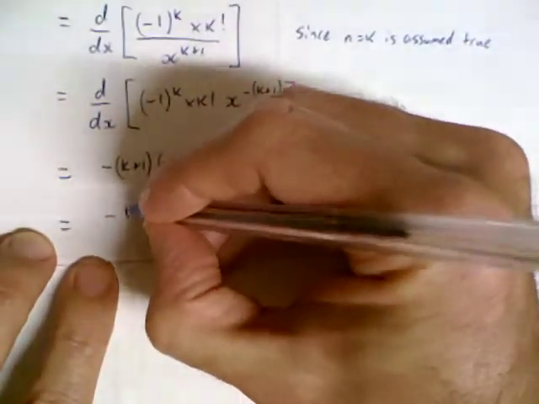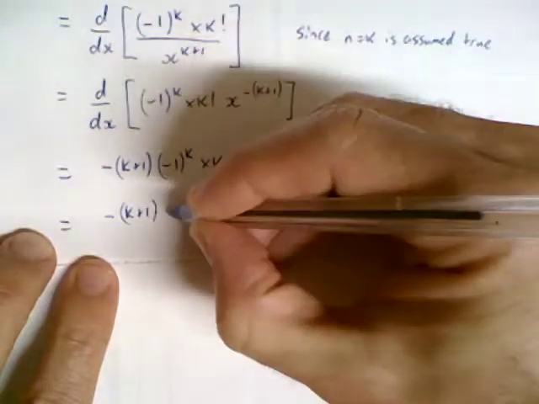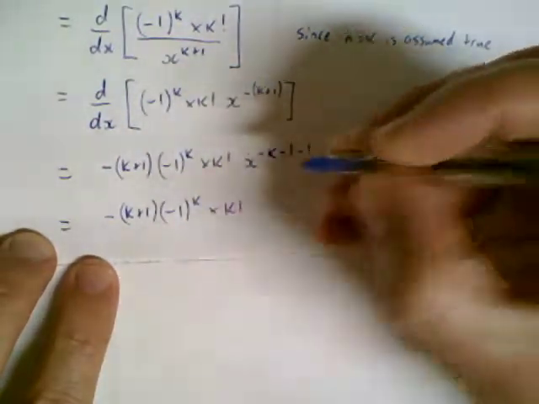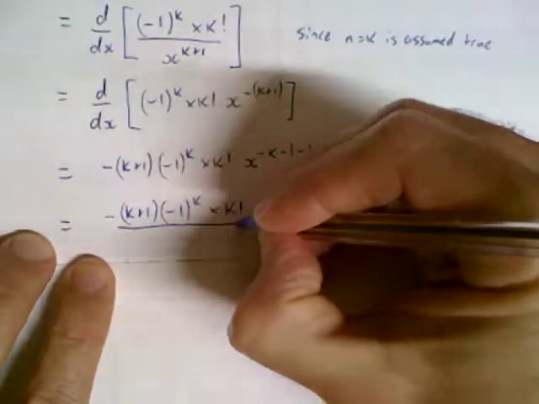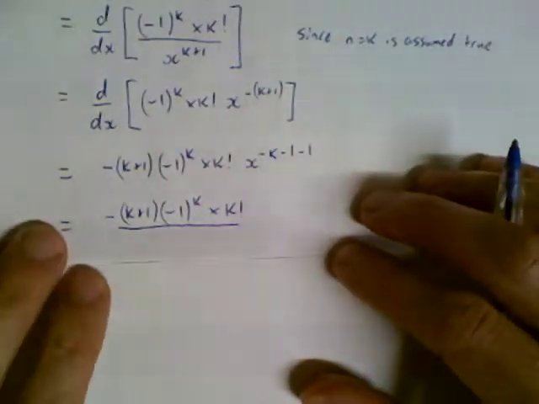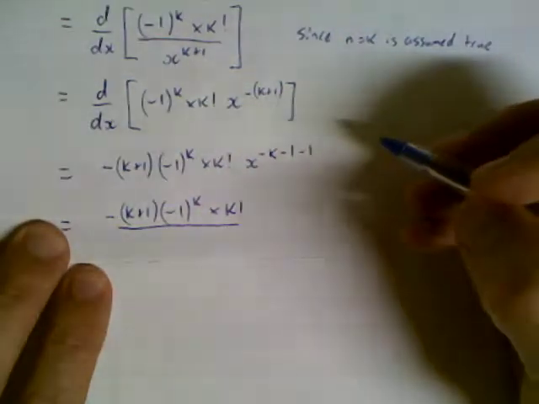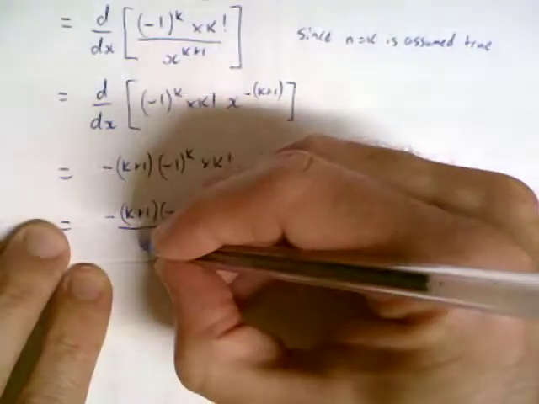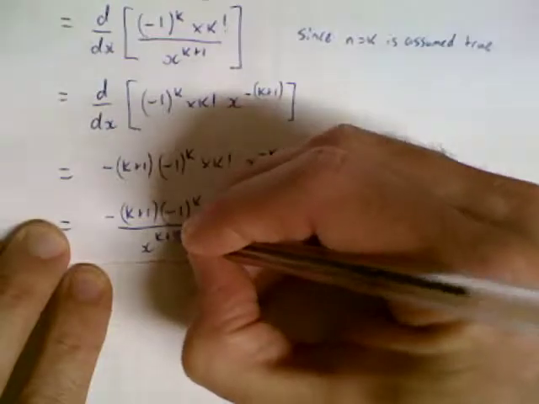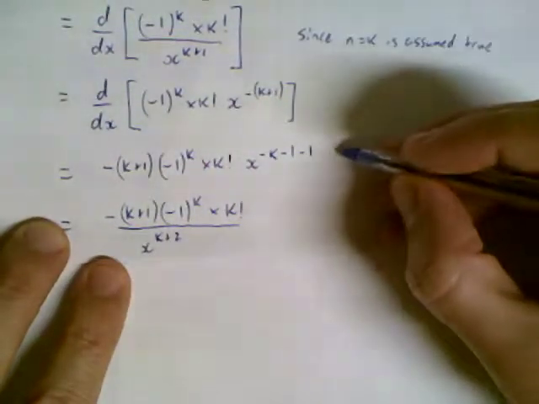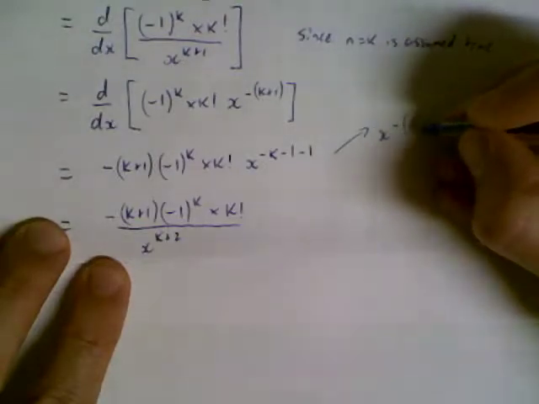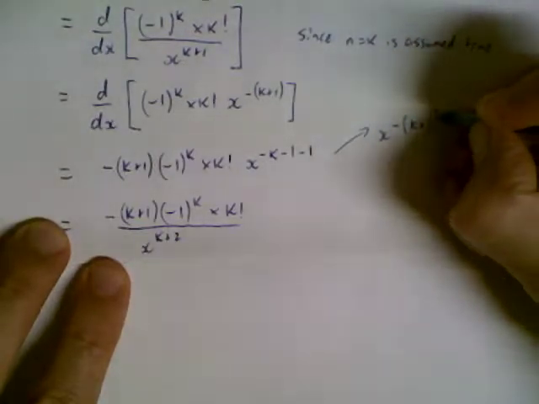So we'll say it's equal to negative k plus 1 times negative 1 to the power of k times k factorial, all over... Okay, so this here, you could think of that as the negative outside of k plus 2. So it comes down to the bottom line here as x to the power of k plus 2. That's the same as x to the negative k plus 2.